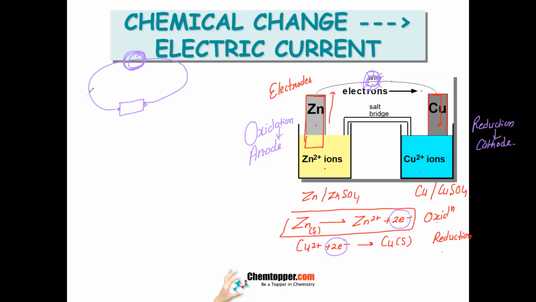Electrons will flow from anode to cathode. It's a galvanic cell, and electricity is generated. Now you can understand very well that we need a redox reaction for it. Without a redox reaction, you cannot get electricity.